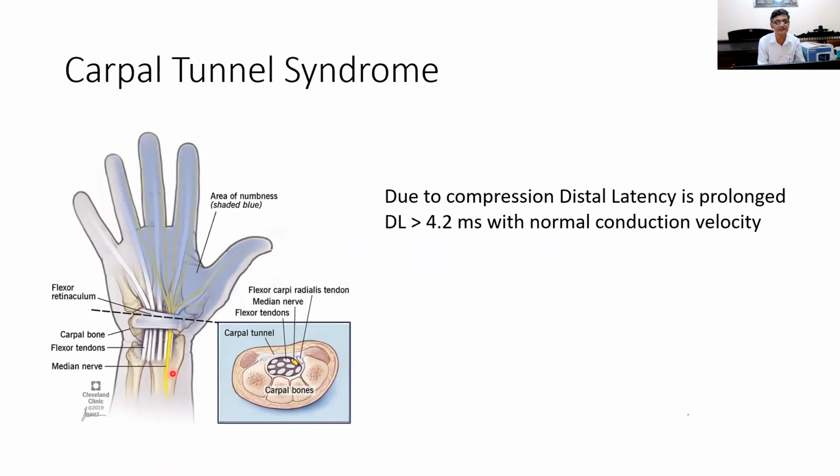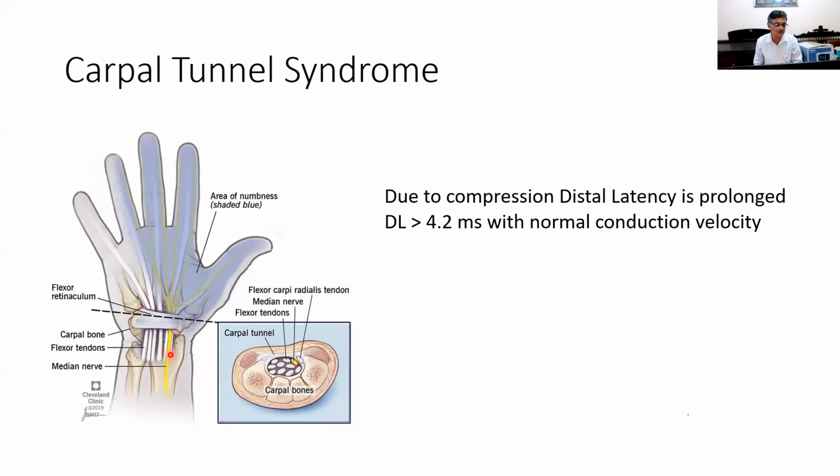When that bit is slow, this part is also slow, because it's the same nerve, no? So therefore, it can become more than 4.2 milliseconds because of some other neurological damage which is affecting the whole nerve. Conduction velocity is slowed down, and therefore distal latency is also prolonged.